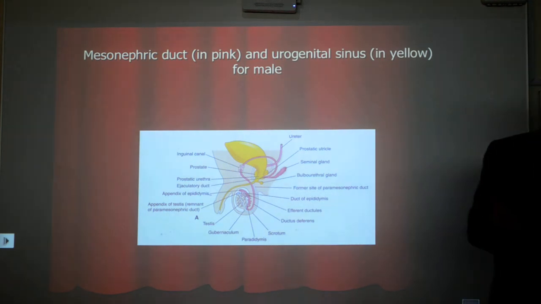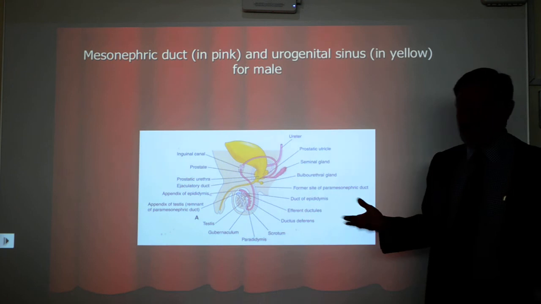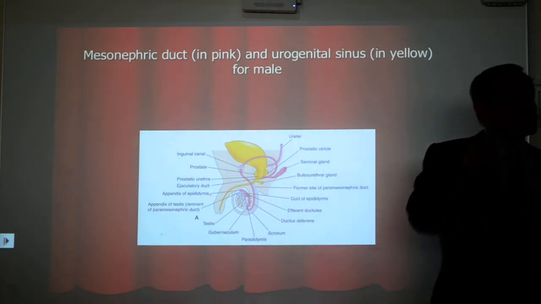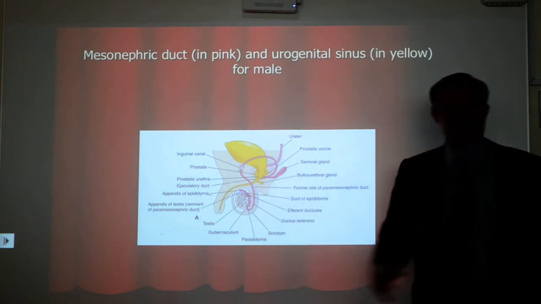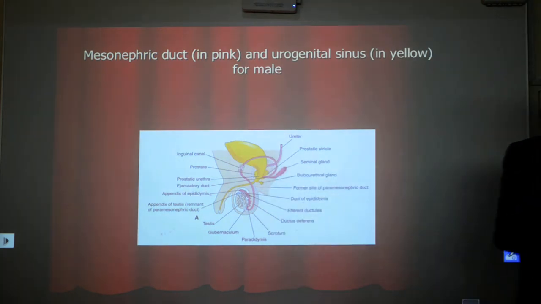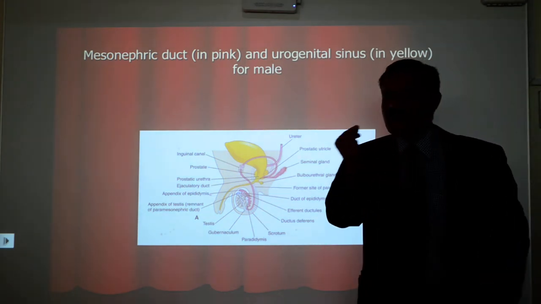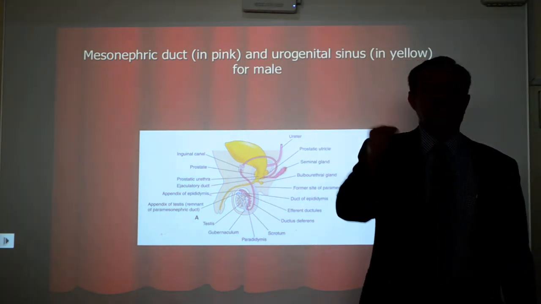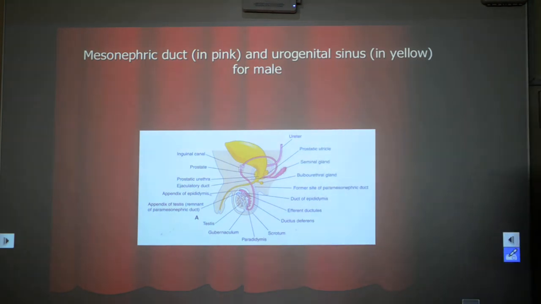What else can it produce? Ureter, it's written over there. Where is the paramesonephric duct? It should be dotted because it's obliterated, and it's shown over here dotted. In the male, the paramesonephric duct can produce, in the center of the prostate, the prostatic utricle, which is the remnant of the uterus. In the female, on the other hand, I'm going to show you the female now.